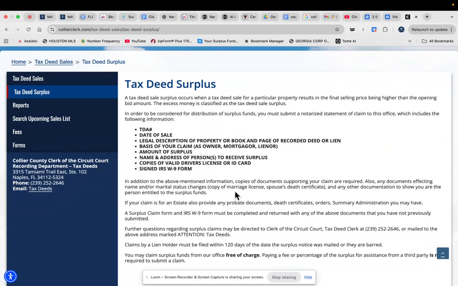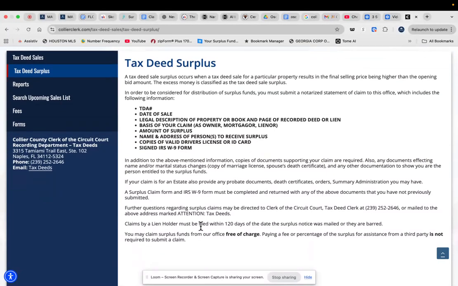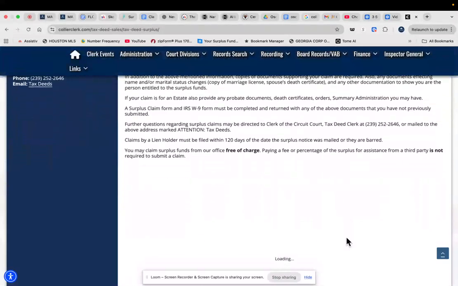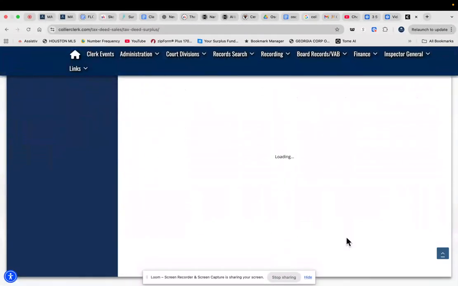So this really, honestly, is giving you step-by-step on what you need to do. It says you may claim funds from our office free of charge. People, they'll always say that. And it says paying a fee or percentage of the surplus for assistance from a third party is not required to submit. So this is kind of like wanting us to eliminate, but this is what we're trying to find out, is if this county will allow third party, and it's still loading.